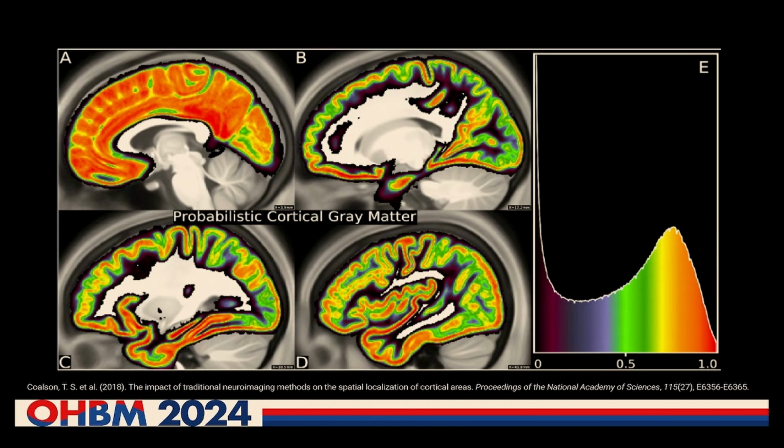And so what you can see is that the histogram on the right demonstrates that for a significant proportion of voxels in individual cortical ribbons, they're not being compared with cortex, they're being compared with white matter or CSF. So this makes it really difficult to try and compare like with like, in this case cerebral cortex with cerebral cortex.